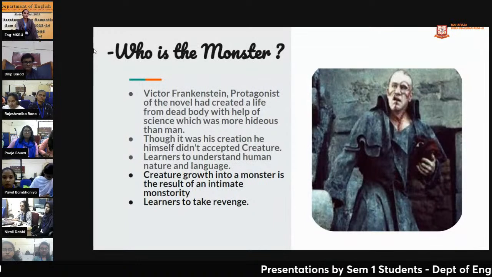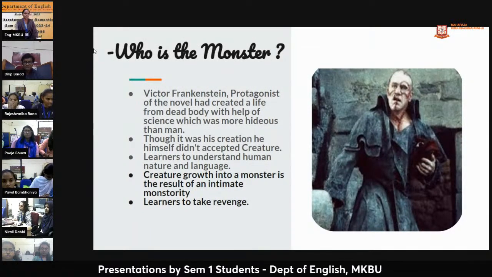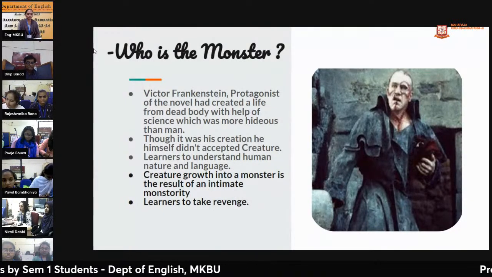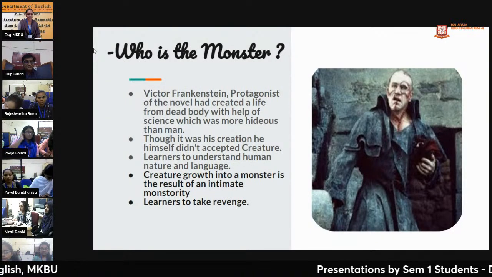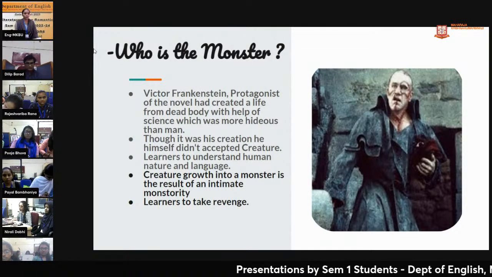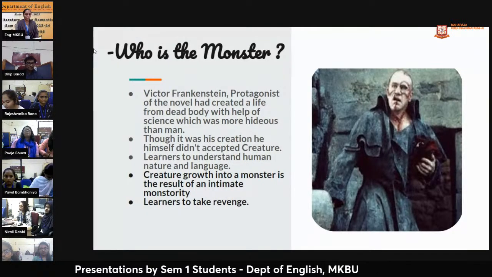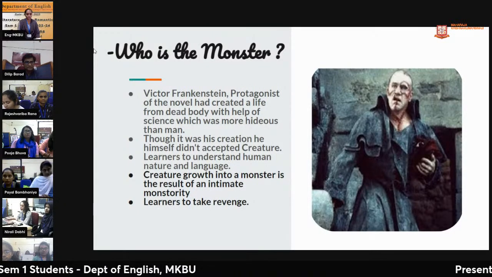So, who is the monster? Victor Frankenstein, the protagonist of the novel, created life from a dead body with the help of science, and the creature was more hideous than any normal man. Though it was his creation, he himself didn't accept his creature.